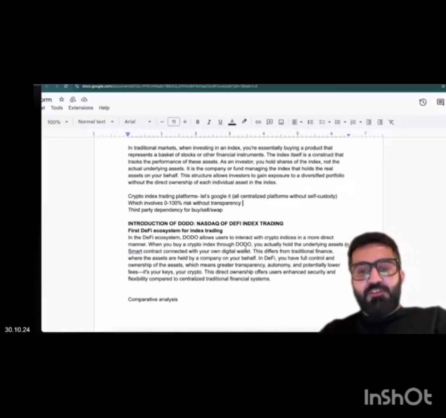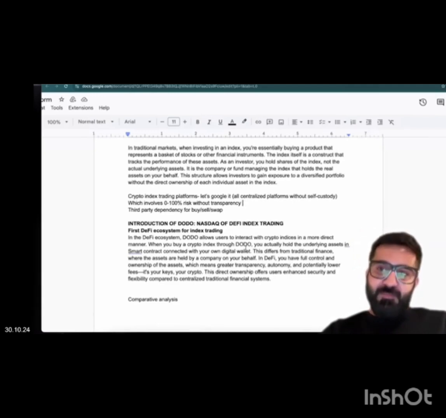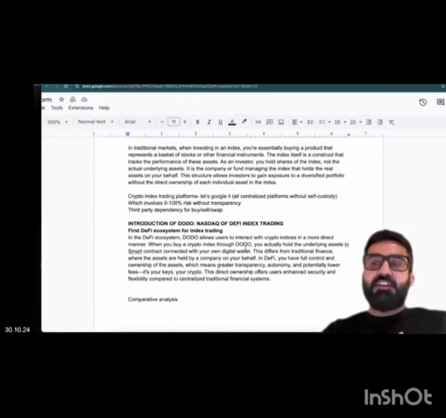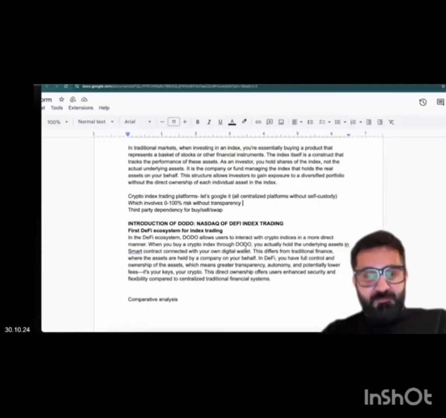So in DeFi, you have full control and ownership of the assets, which means greater transparency, autonomy, and potentially lower fees. It's your keys, your crypto. So the direct ownership offers users enhanced security and flexibility compared to centralized traditional financial systems.